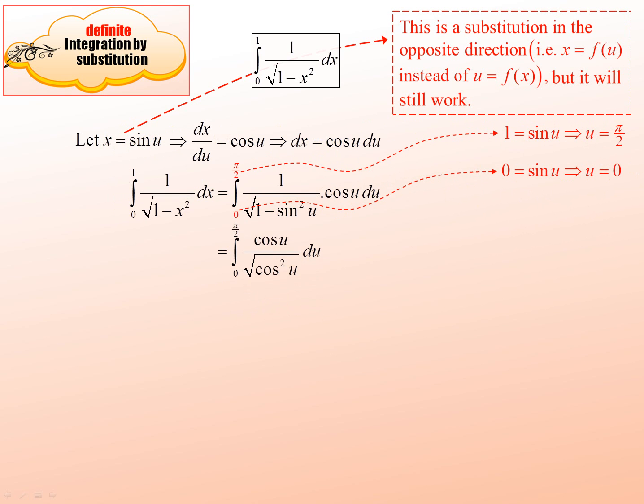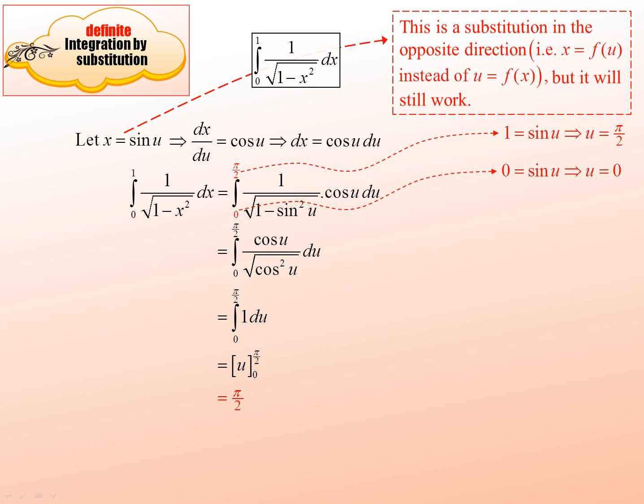So we now have that integral there. 1 minus sine squared is cos squared. Now the square root of cos squared is cos. So we have the integral of 1 du, which gives us u. We don't need to go back to x because this is definite integration. And we substitute.